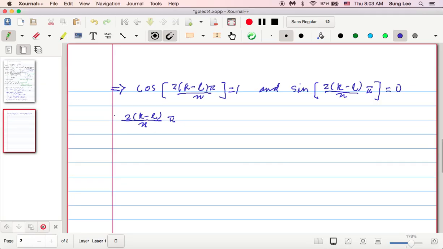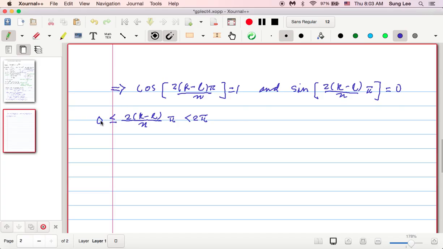When this angle is greater than or equal to 0 and less than 2 pi, there is a unique angle which satisfies these equations. What is that? When this angle equals 0: cosine 0 equals 1, sine 0 equals 0. That's the only angle satisfying these two equations.